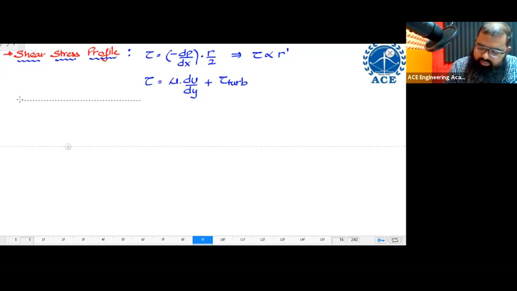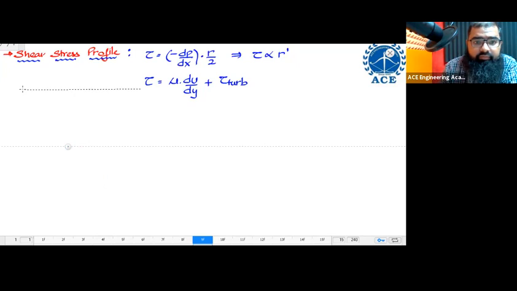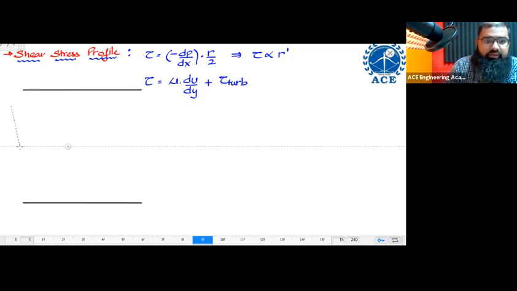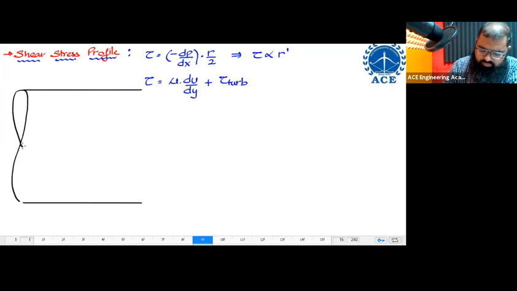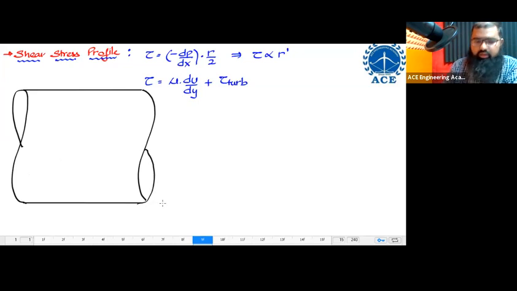Suppose you are having some pipe like this. Let us say this is the pipe you are having.